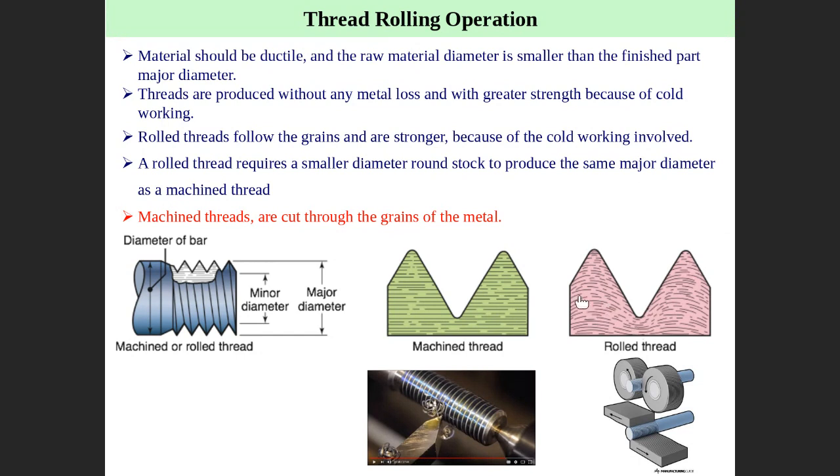Another one is strain hardening. The material here is exposed to strain hardening, and harder material means a harder surface can be produced by the rolling operation. So this sounds great. It means the rolling process is better than machining. Actually, it is, but machining is still better from another point of view, which is geometrical accuracy.